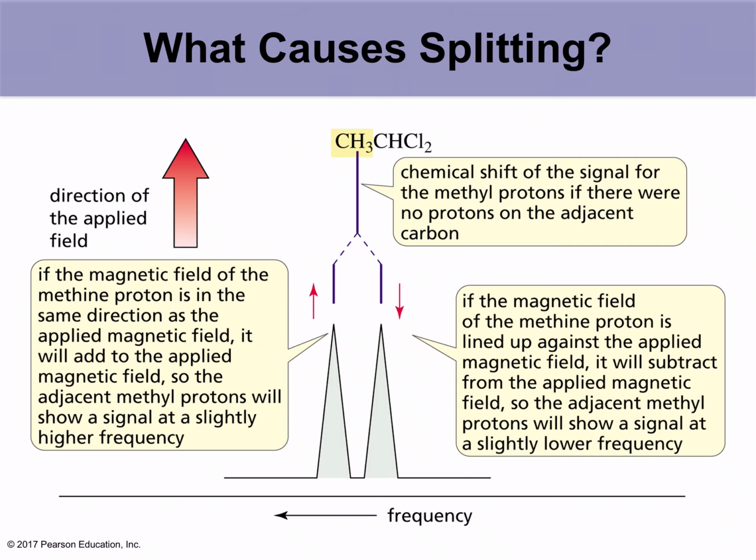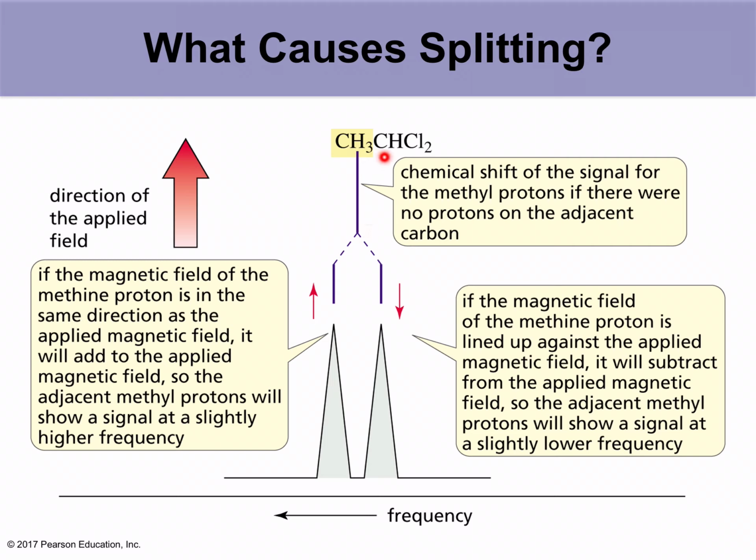Now what causes this splitting? We saw that you can get a doublet, and also a triplet, quartet, multiplet. So what is the reason behind this splitting? If you look at the hydrogens on this CH3 carbon, the chemical shift of the signal for the methyl protons if there were no protons on the adjacent carbon, you would only see one peak, one singlet.